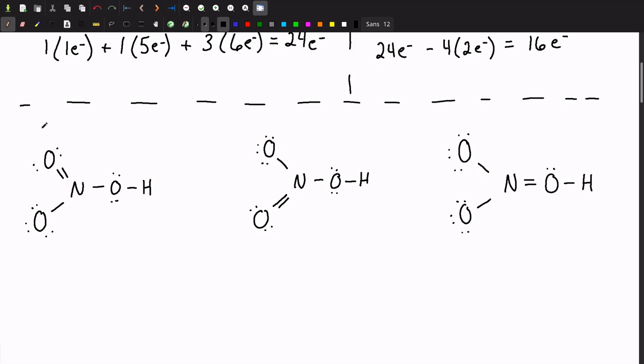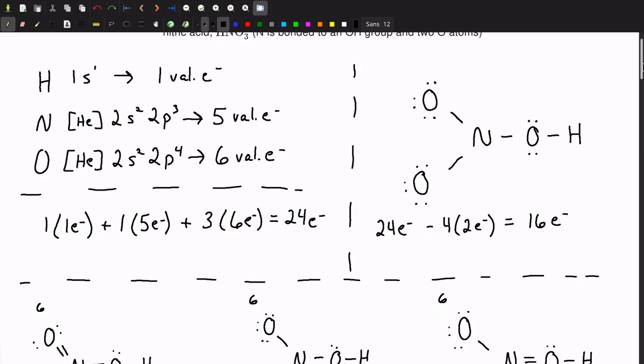So we're going to start with the valence for each one. 6, 6, 6 for all of the oxygens. That is their valence number.